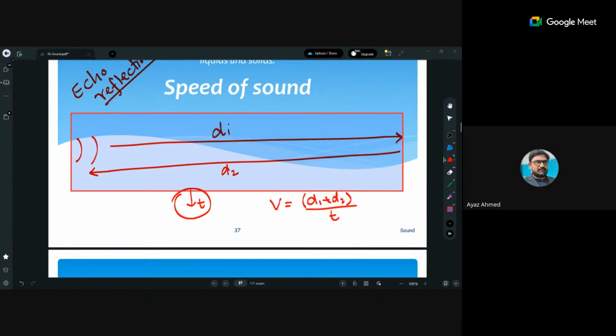Actually, the distance is the same, so you can simply say 2d divided by t. Here d is the distance between the wall and the source. So that is basically a room space. In that room, if you are able to produce a sound, that will cause a reflection, so the speed can be calculated by the echo method.